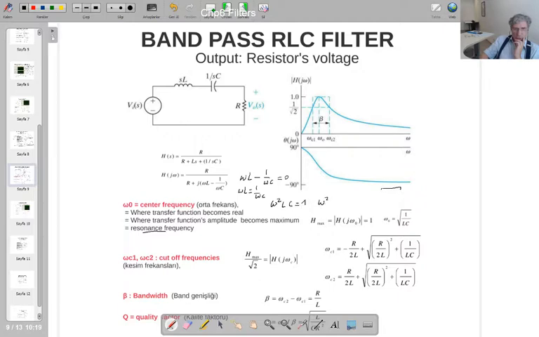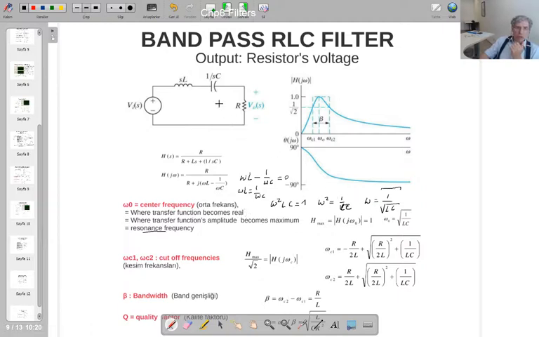That is omega squared is equal to 1 over LC. Then omega is equal to 1 over square root of LC. So this is called the cutoff frequency, sorry, this is the central frequency or resonance frequency.